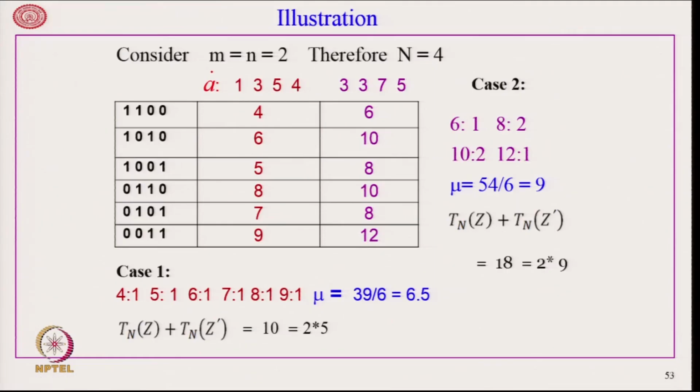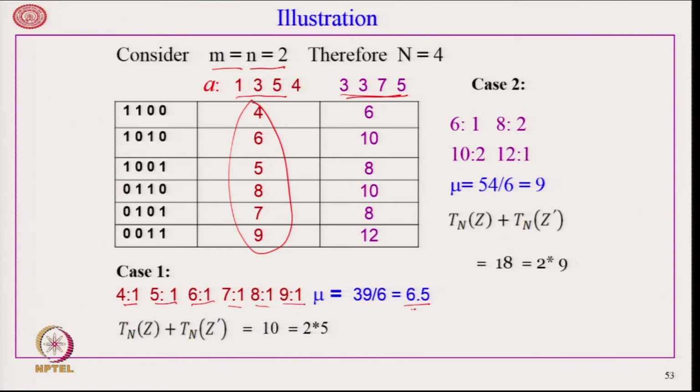So, illustration, we have taken simple case 2 m's and 2 n's, therefore, capital N is equal to 4. We have chosen two arbitrary weight vectors 1, 3, 5, 4 and 3, 3, 7, 5. In this case, this is the distribution 1, 4, 1, 5, 1, 6, 1, 7, 1, 8 and 1, 9.